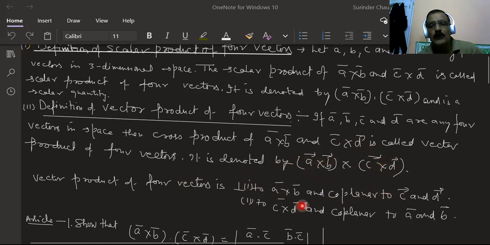Similarly, if you first find the cross product of C and D, then the resultant vector of the cross product of four vectors will be perpendicular to C cross D and coplanar to A cross B. So if we find the cross product of four vectors, we will have two resultant vectors.